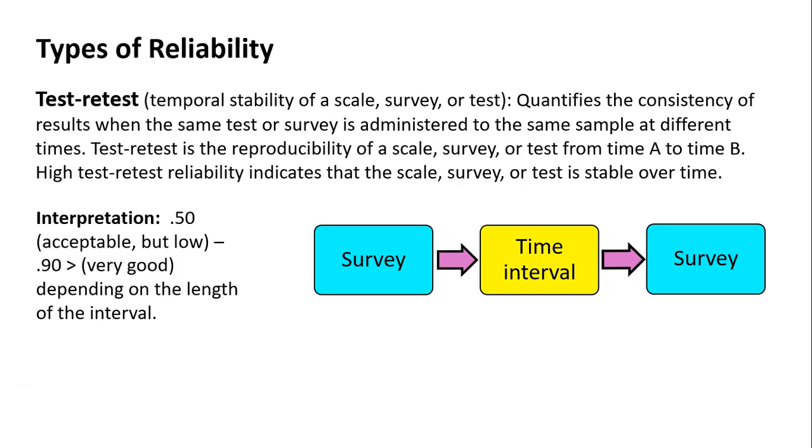And so the longer the time interval between time A and time B, the more that reliability coefficient is going to go down, simply because there's just more things that can happen in between the two administrations that could somehow change people's responses on that second administration. So keep that in mind, and that's a judgment call on the researcher's part as to how long that time interval should be.